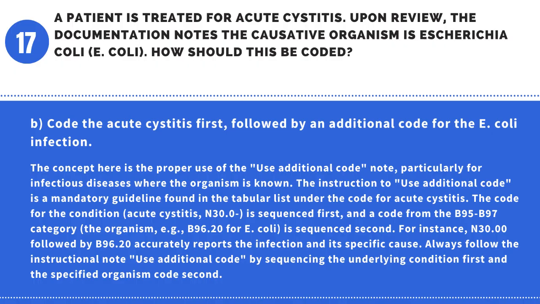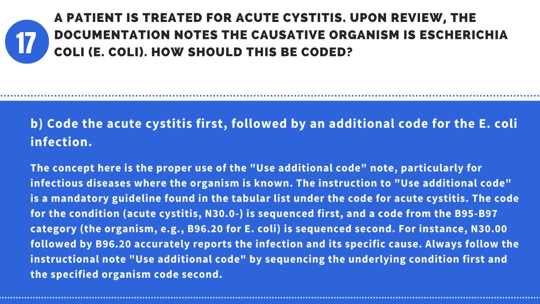The concept here is the proper use of the use additional code note, particularly for infectious diseases where the organism is known. The instruction to use additional code is a mandatory guideline found in the tabular list under the code for acute cystitis. The code for the condition, acute cystitis, N30.00, is sequenced first, and a code from the B95-B97 category, the organism, e.g., B96.20 for E. coli, is sequenced second.